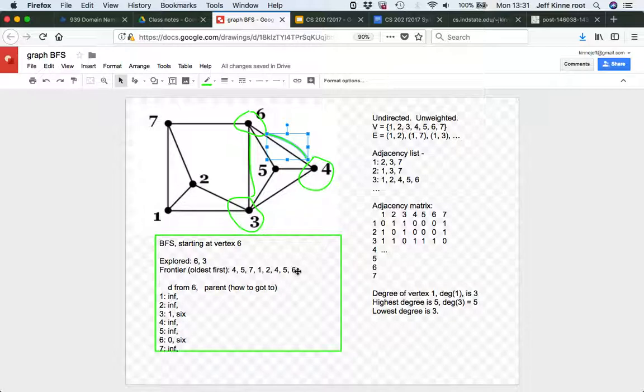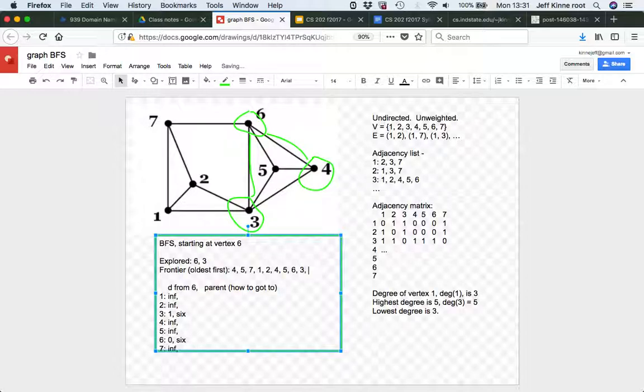Okay, and we want to add the neighbors of 4 onto the frontier. So the neighbors of 4 are 3, 5, and 6. And the distance to 4 is 1. Its parent is 6.